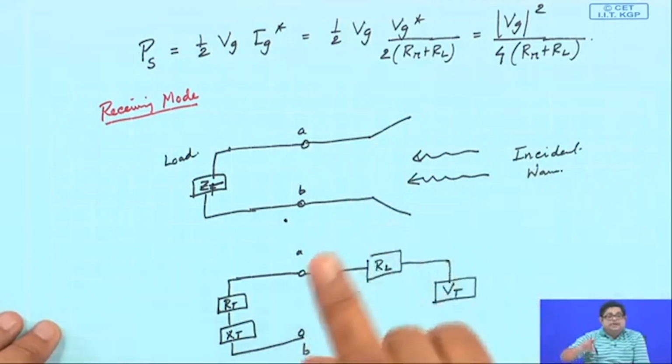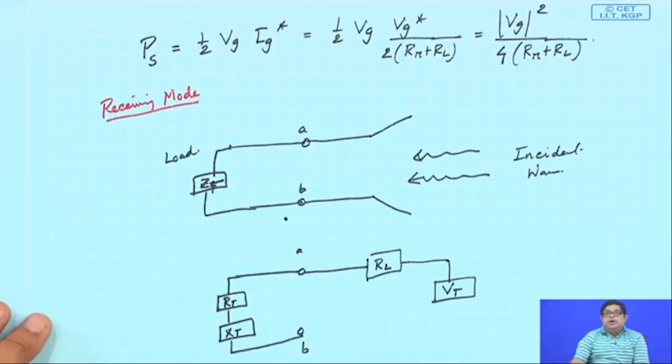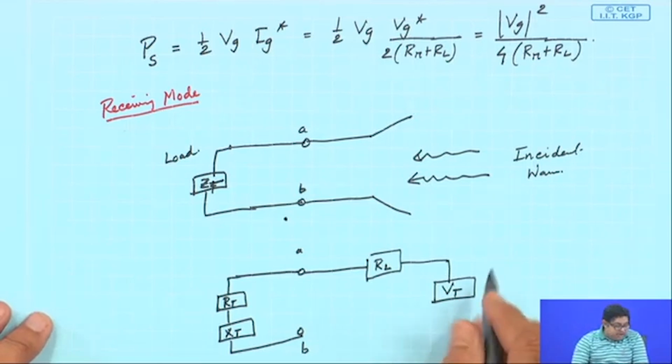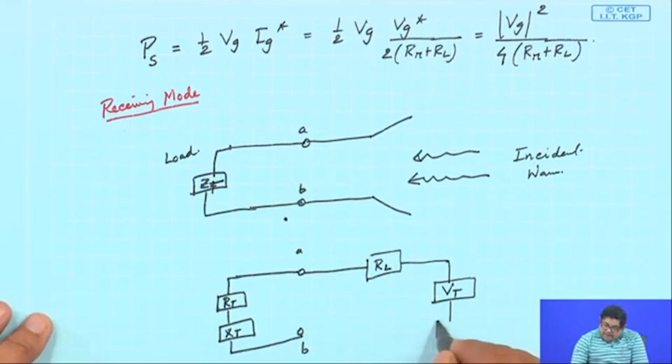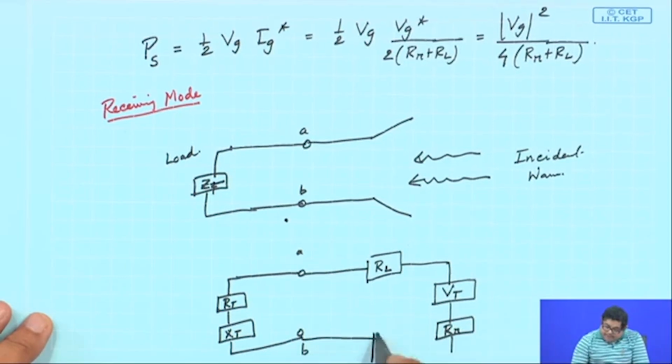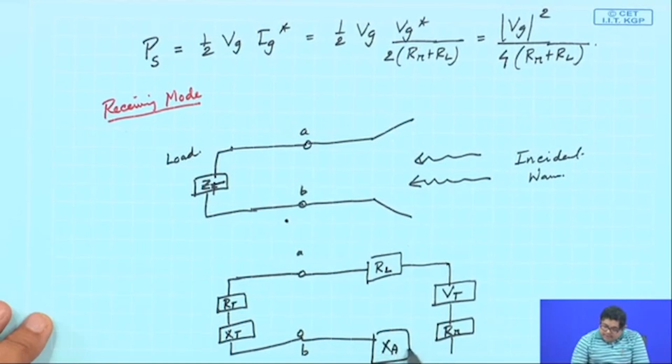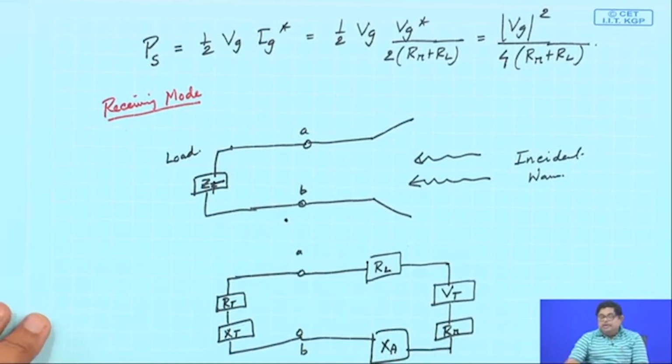There will be an electric field between 2 points. So, there will be a voltage, let me call it Vt, and then there will be the radiation resistance of the antenna, and then the reactive part of the impedance, the near field effect, etc. So, this is the Thevenin equivalent.